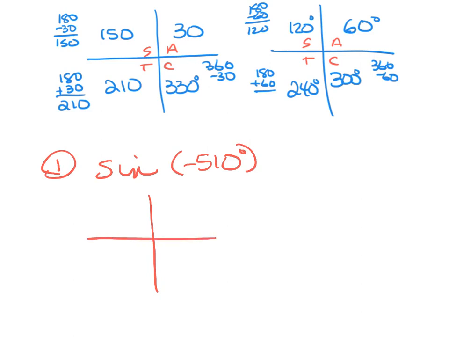So what I'm going to do here is draw my negative 510 degree angle. So what I'm doing is I'm going to go around a full circle. Now, notice so far I've only got a 360 degree circle or angle. So now I'm going to subtract because I need to figure out how much more I need to go. And I actually need to go another 150 degrees.